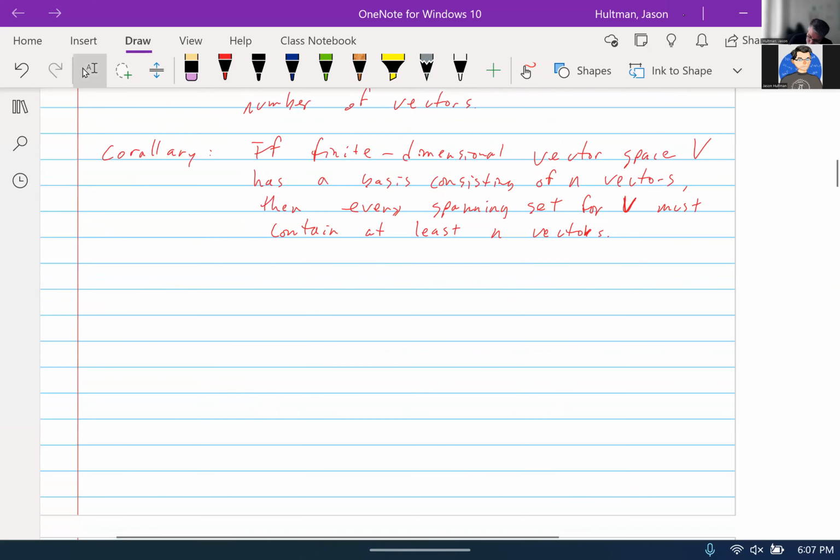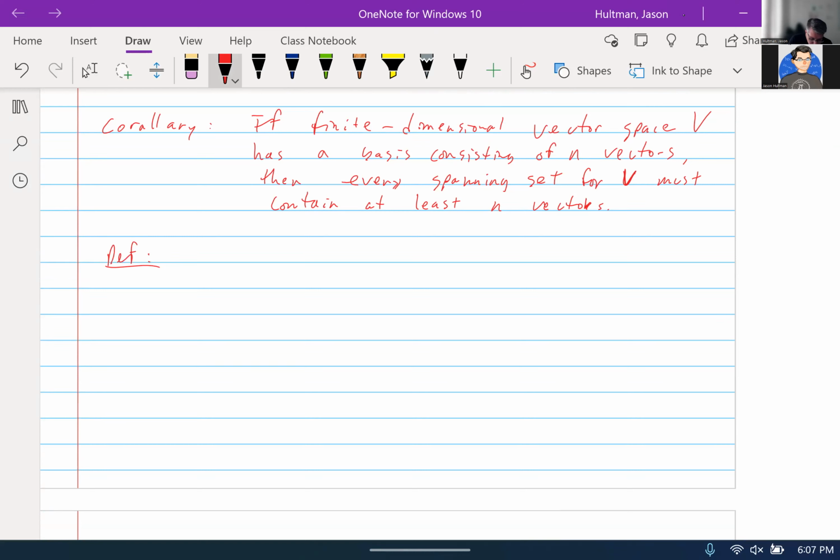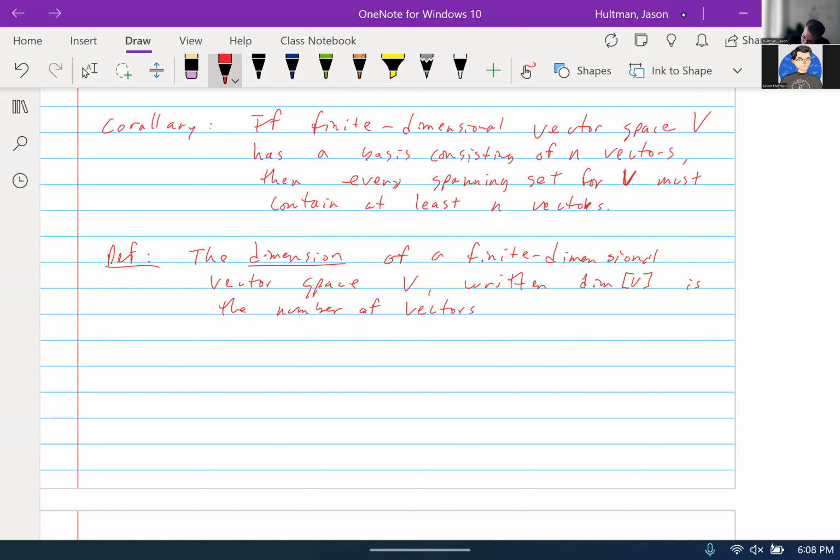Okay, another definition. The dimension of a finite dimensional vector space V, written dimension of V, is the number of vectors in any basis for V. Okay, so that's the dimension: the number of vectors in any basis.